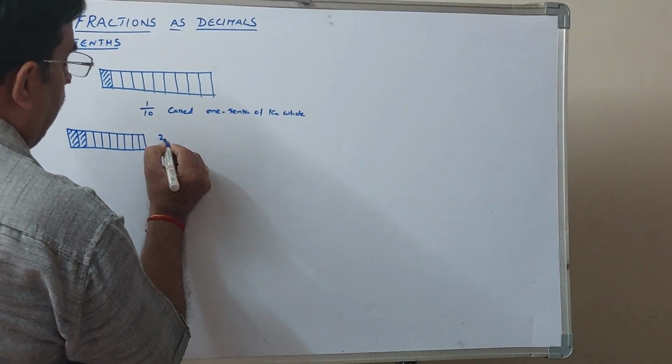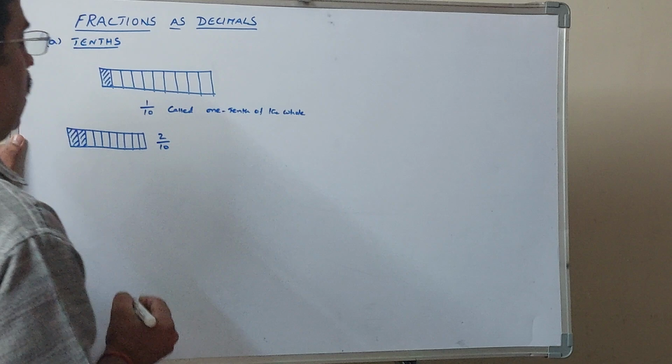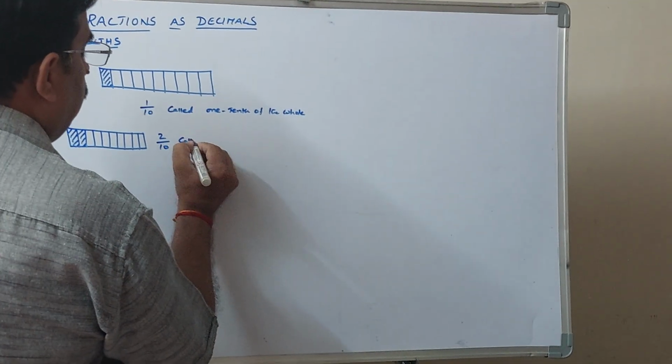It is 2 by 10, called 2/10 of the whole.